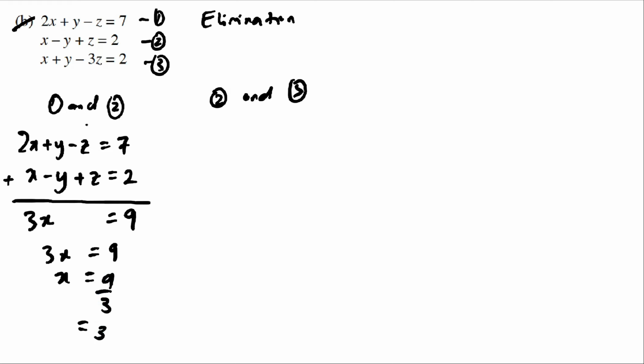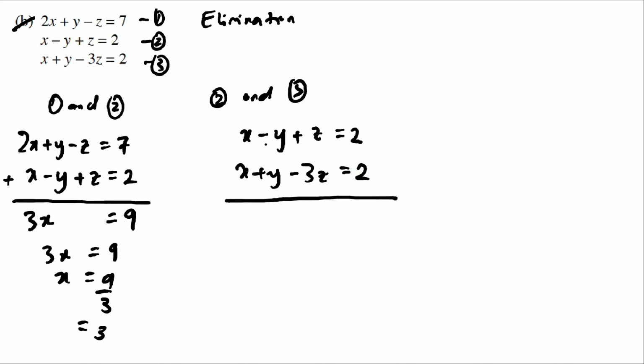Now we get x. Okay, and 2 and 3, x minus y plus z is equal to 2. x plus y minus 3z is equal to 2. I want to eliminate y. This one is negative and positive. If we add up these two, negative y plus y, we get 0.